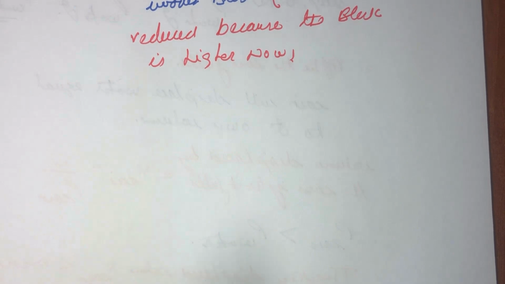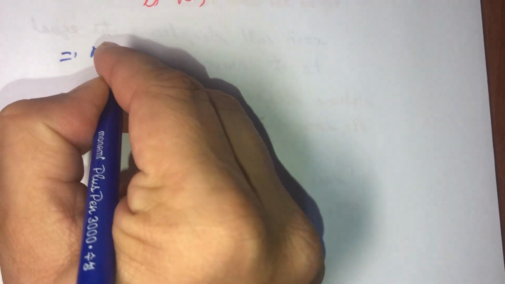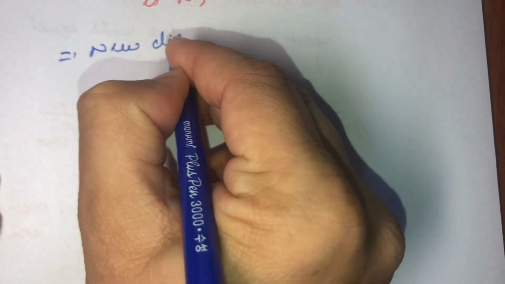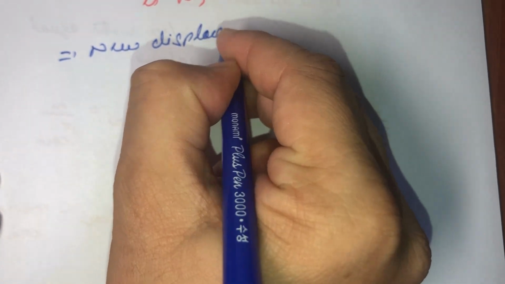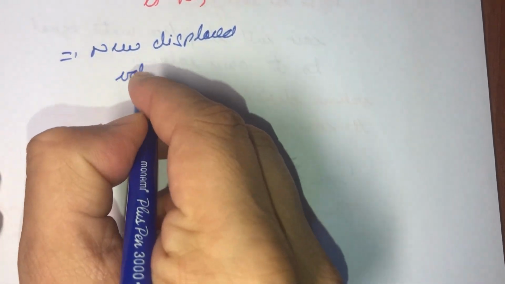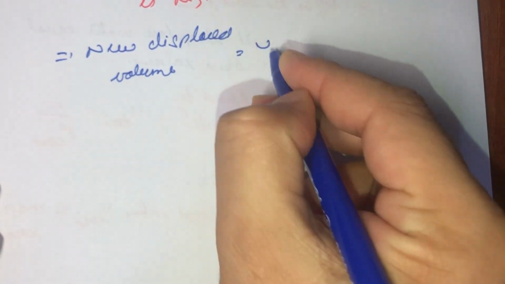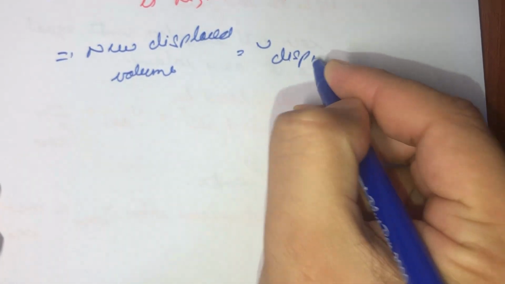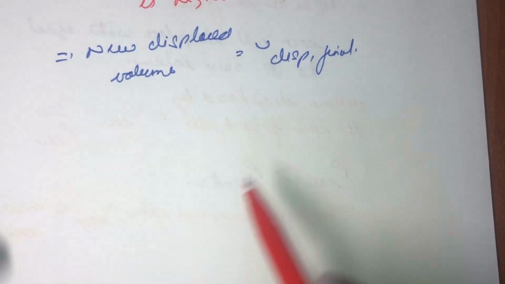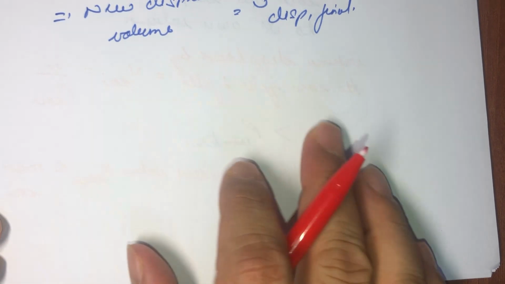Okay. So therefore the new displaced volume, let us call this V displaced final, and like I said, this will be a summation of two parts.